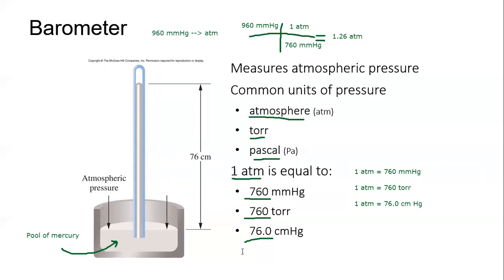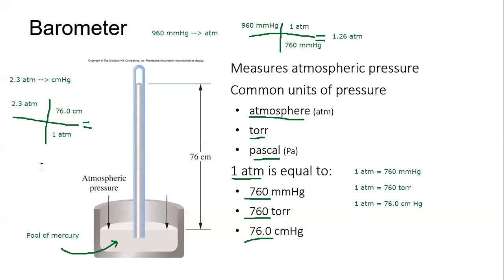So that's how we convert between millimeters of mercury and atmospheres. But let's say now we want to convert 2.3 atmospheres to centimeters of mercury. And so we see that 1 atmosphere is 76 centimeters of mercury. So we're going to set up our train track, and we're starting with 2.3 atmospheres. And so 1 atmosphere goes on the bottom because we're starting with atmospheres, and then 76.0 centimeters is on top.